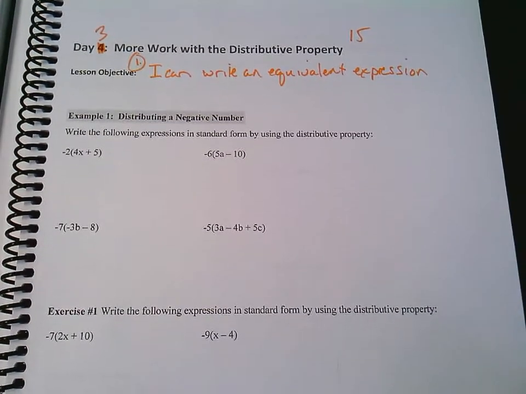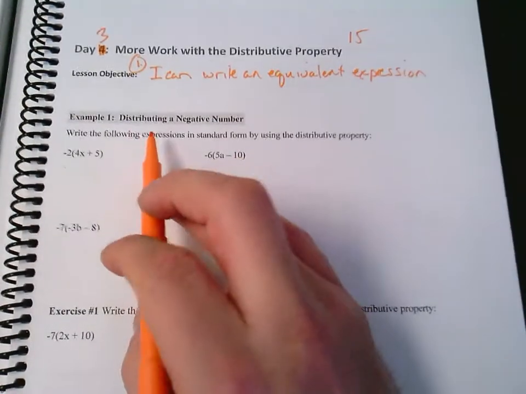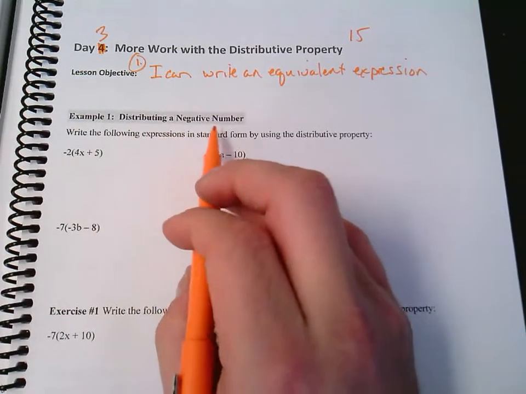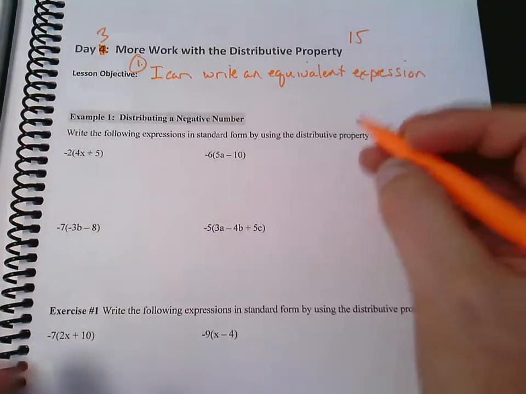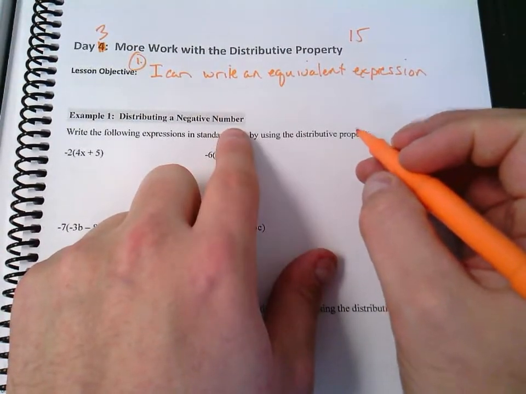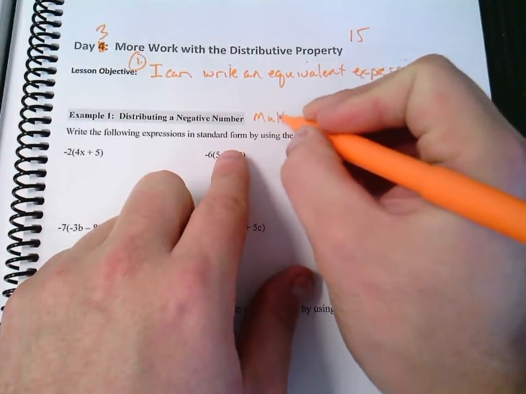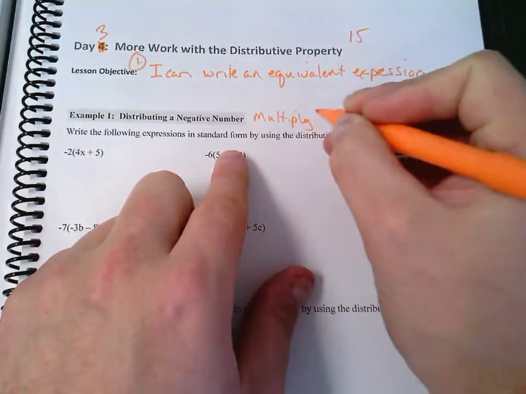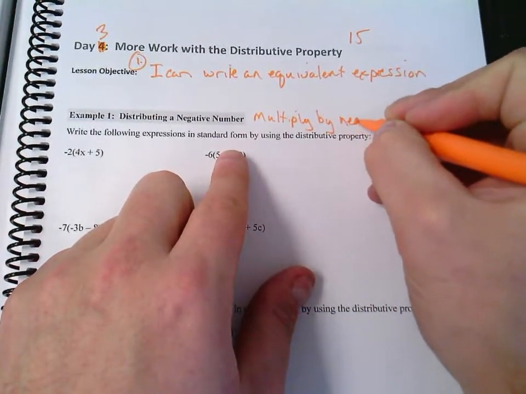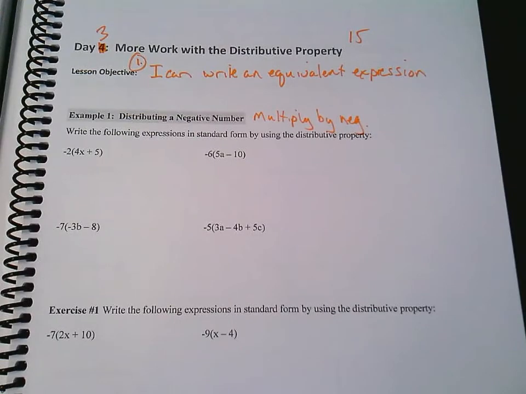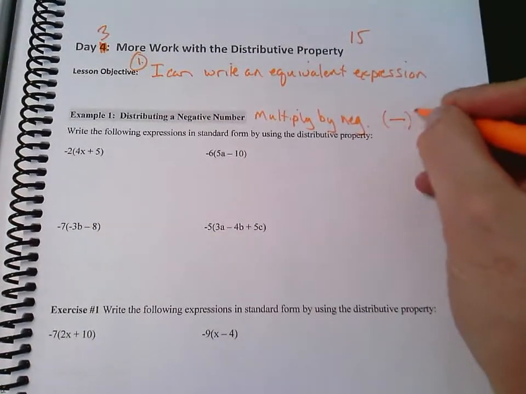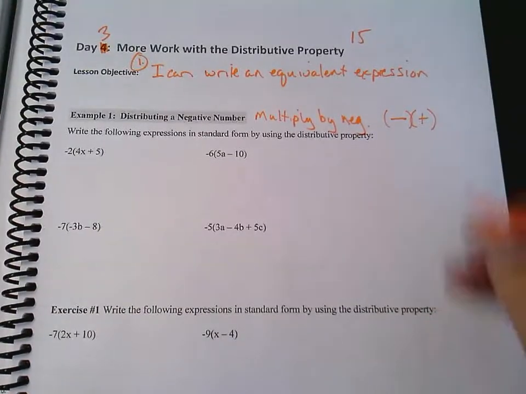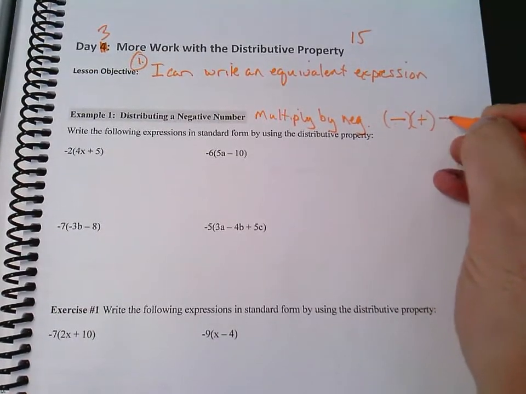In example number 1, we're going to talk about what happens when we distribute a negative number. Really what it comes down to is what happens when you multiply by a negative. Let's look at two scenarios. A negative times a positive equals a negative.